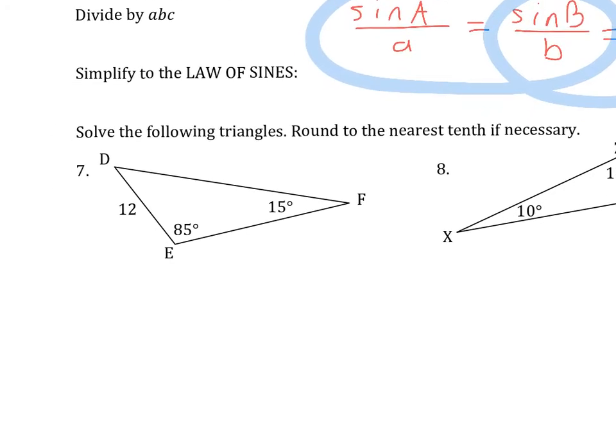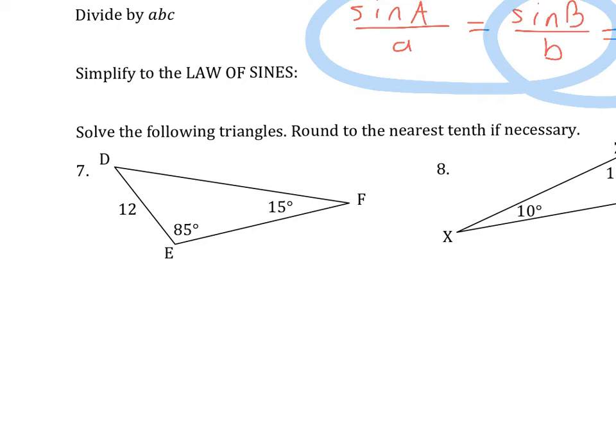Okay, so when you're solving triangles, what does it mean to solve a triangle? That means to find any angle that's not given and any side length that's not given. So there are 3 sides and 3 angles, so 6 things total. Usually they'll give you 3 out of the 6, and you have to find the other 3.